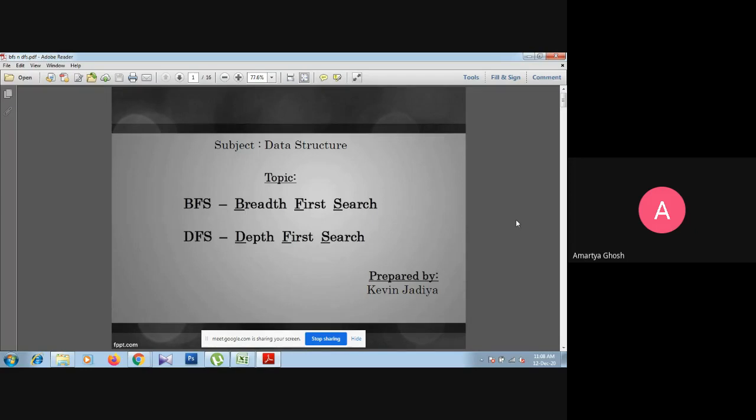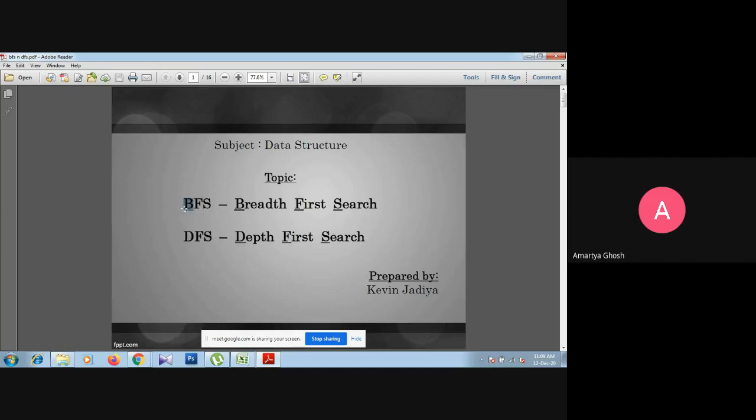Now, which search follows which data structure is identified very easily. Between B and D, B comes first. Among stack and queue, the first letters are S and Q. Between S and Q, who comes first alphabetically?